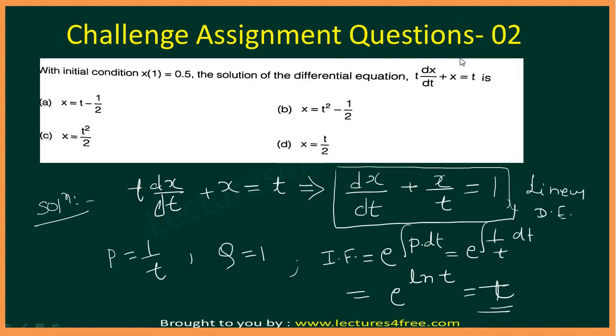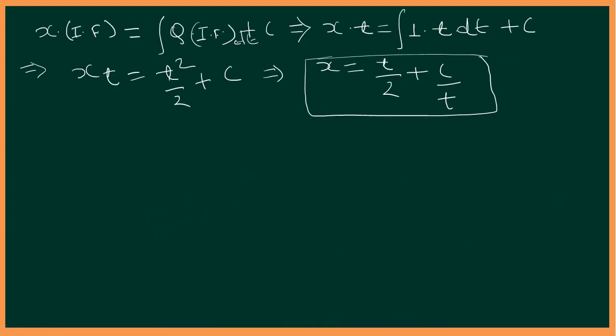Now in the options there is no c, so we have to find the value of c by using the initial condition. Here one initial condition is given, x(1) is equal to 0.5.